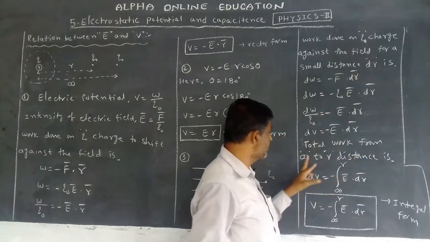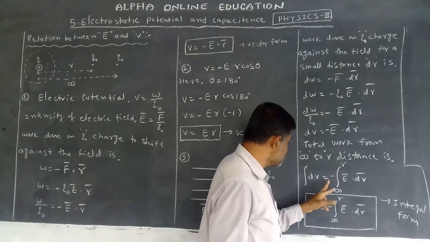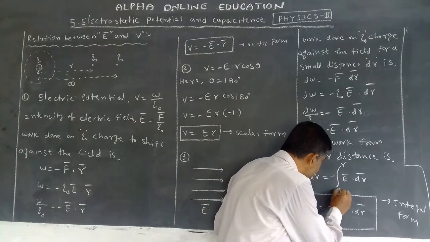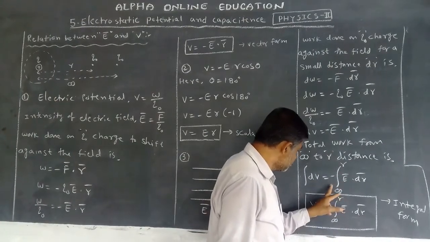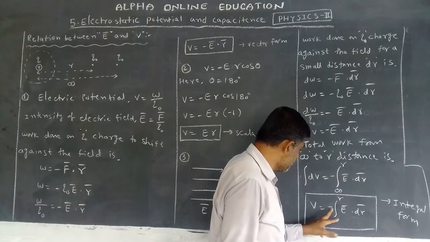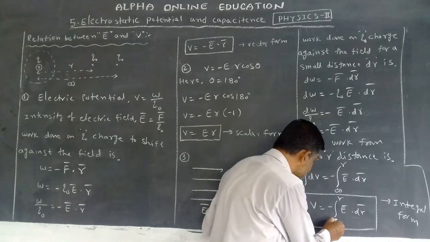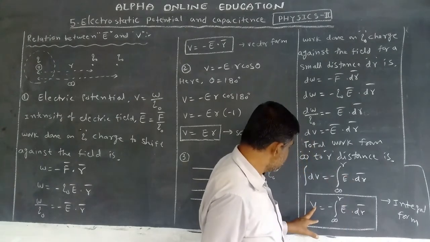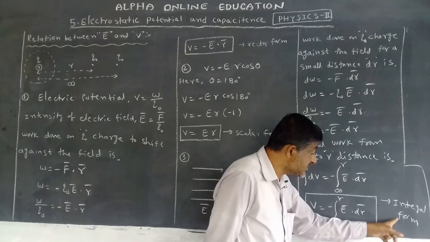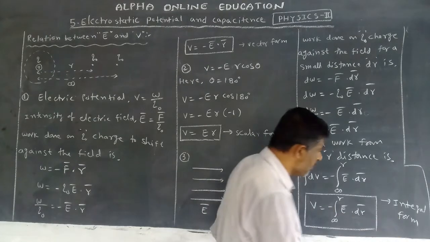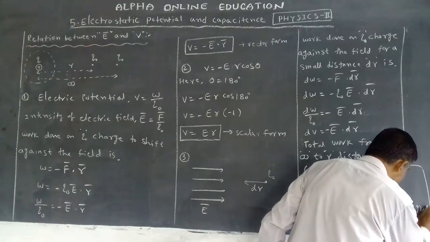The total work from infinity to R is the integral of dV from infinity to R. So the integral of dV is how much? V. Integral dV is V, which is equal to minus the integral of E bar dot dr bar in the limits of infinity to R. This is the relation between E comma V. Which form is it?